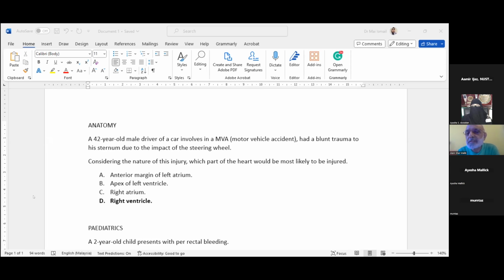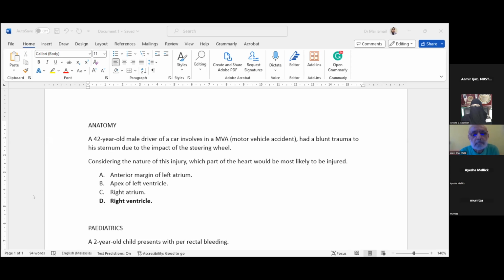Yes, Dr. Aisha. Just wanted to add to what they've already said. I think it's nicely done. It depends on which level of students are addressed. If it's for first year, second year, especially for first year, then it's nicely done. The structures are in the same plane, which they have mentioned in all the options.